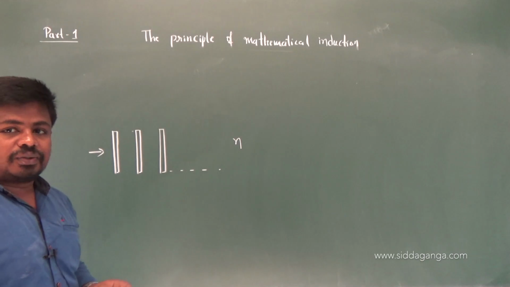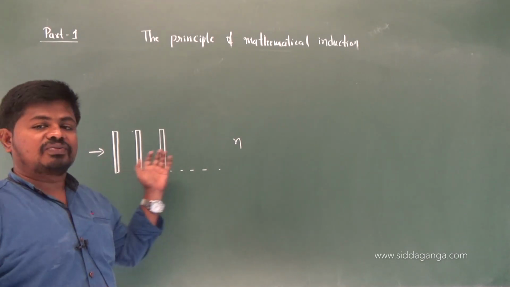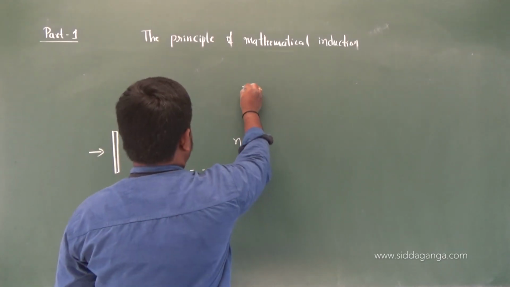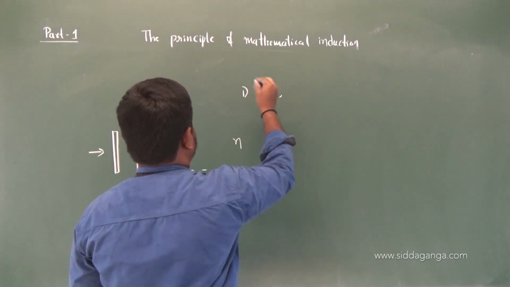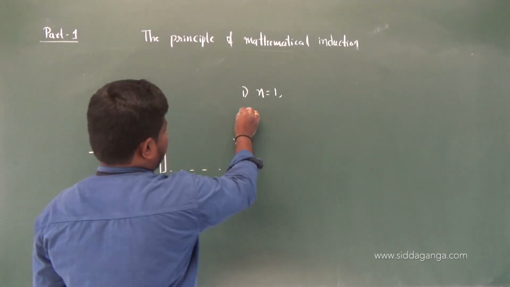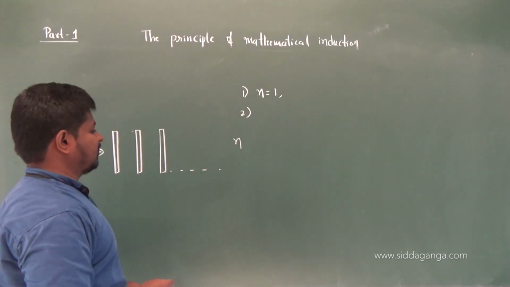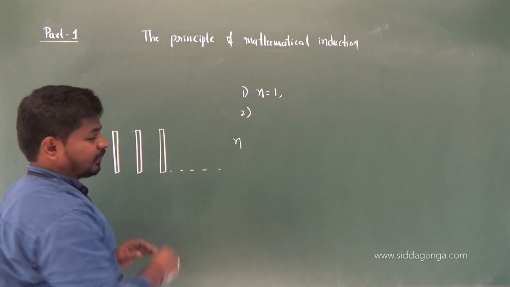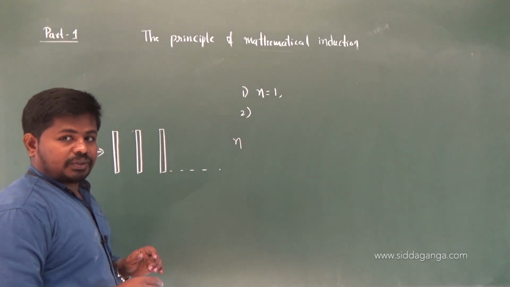Now, to ensure all the books will fall or not, it is sufficient to know whether the first one falls or not, right? Okay. And in the event if any of the books falls, for example, assume we have some 20 books here, right?